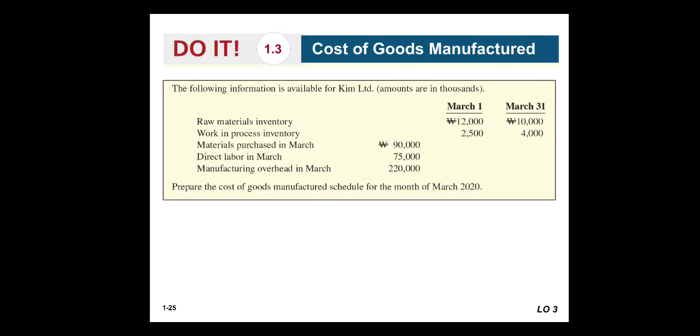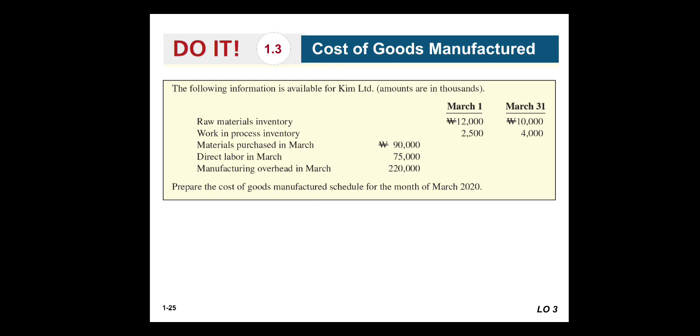Okay, let's see what we have here. I think this is maybe a sample question. The following information is available for Kim Limited. Amounts are in thousands. Prepare the cost of goods manufactured schedule for the month of March 2020. So that data are monthly data, from 1st of March to 31st of March.